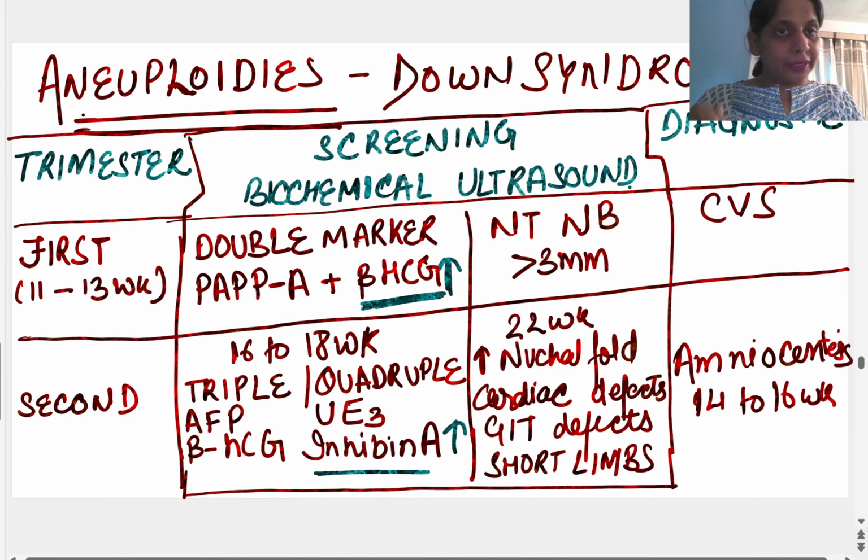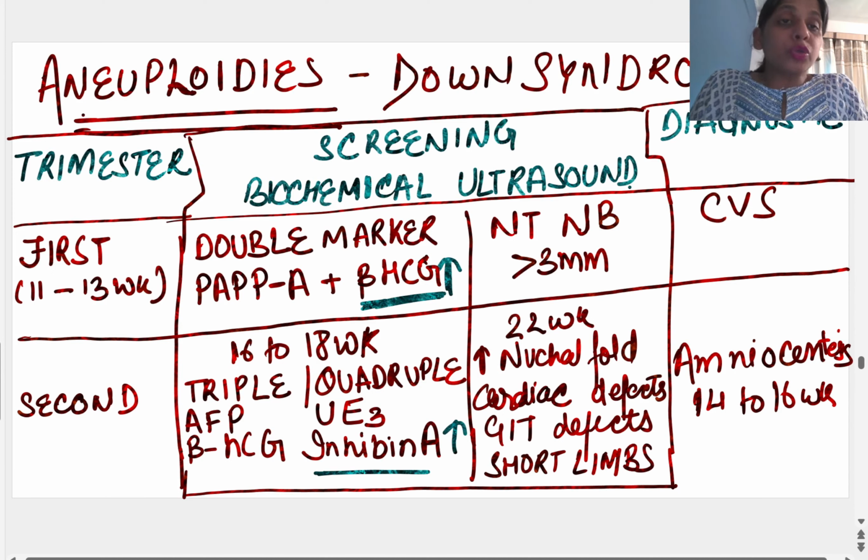First trimester, 11 to 13 weeks, screening method. Mind it, I'm telling you screening method. There are two types of screening methods. One is biochemical, in which we take the mother's blood and get the biochemical parameters done, and another method for the screening is ultrasound.